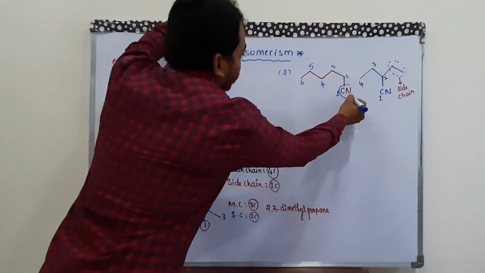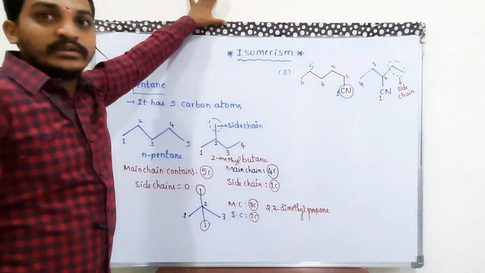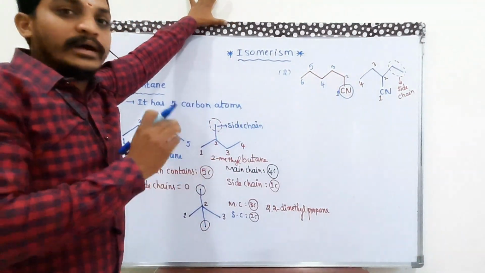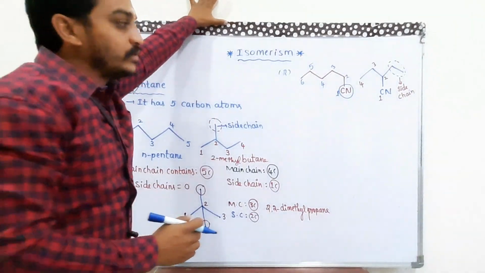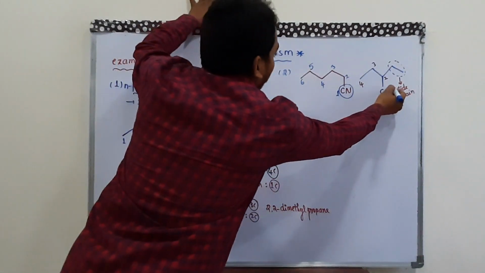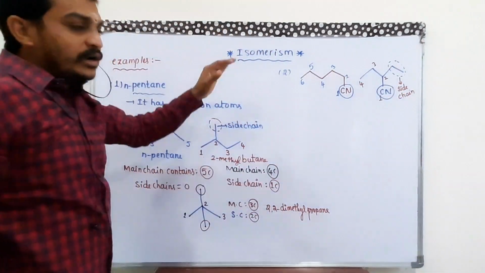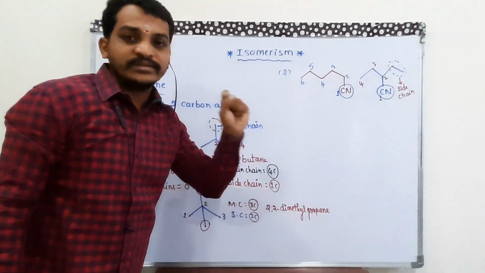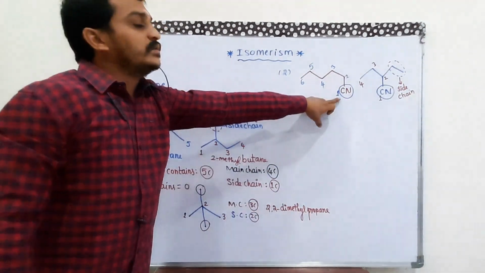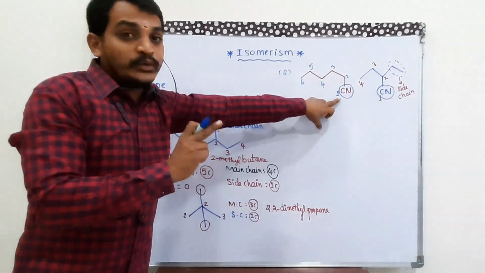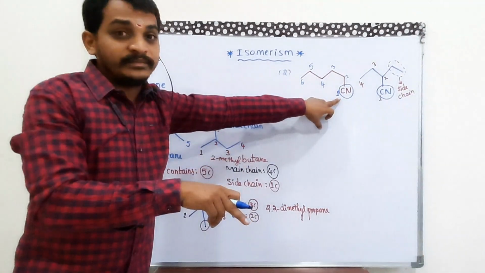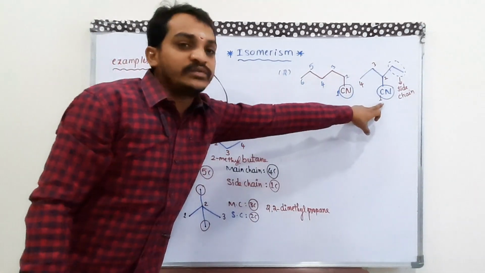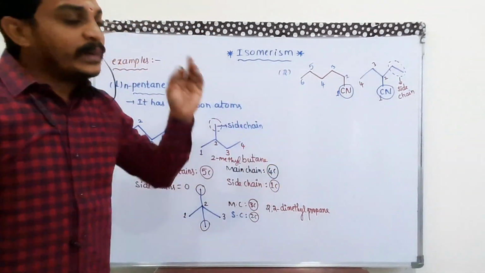First observe the functional group in the first compound: the cyanide group, also called alkyl nitrile. The nitrile functional group is present in both cases. The functional group is the same, according to the essential condition that the nature of the functional group must remain the same. Here there is no change: CN here, CN there.